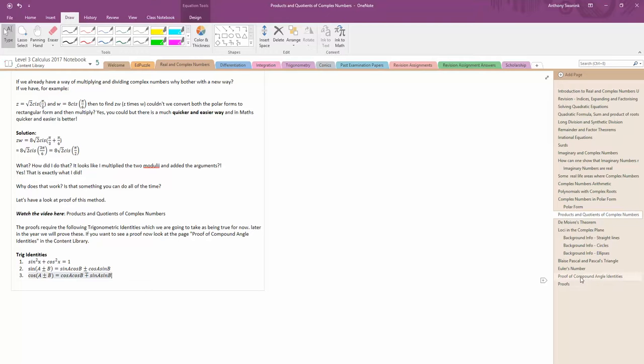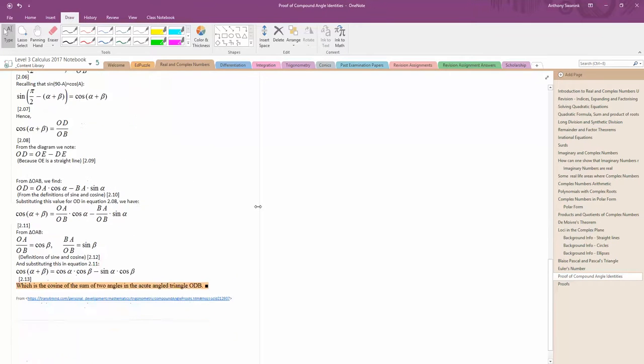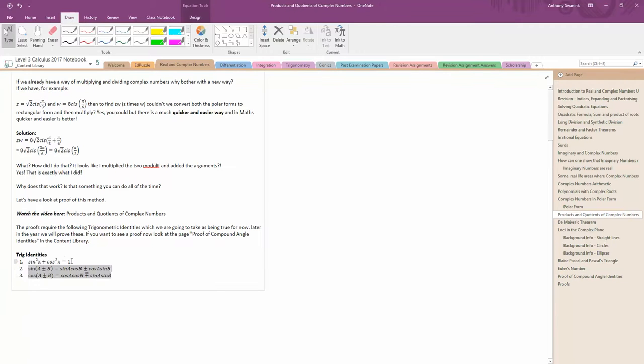If you're really eager to look at the proof of what are called the compound angle identities, these are the ones I'm highlighting here, they can be found in the content library here. There's a bit of work there that proves those trig identities. This other one here, we'll simply wait until later in the year to prove. For the moment, we're going to assume that these things are true.